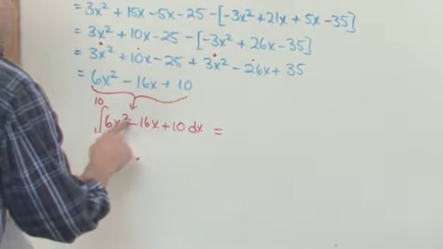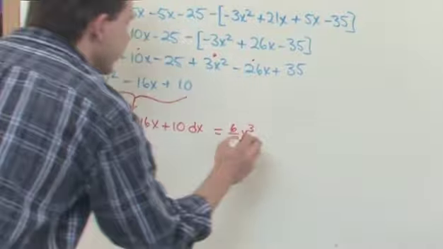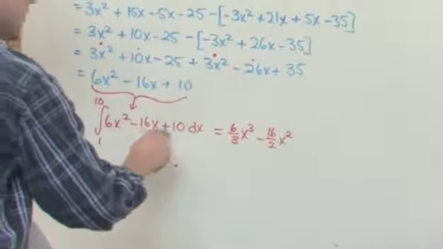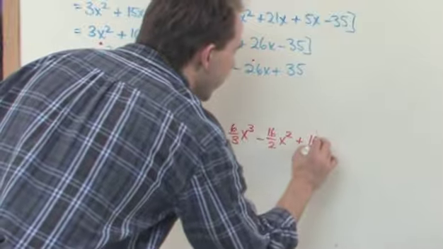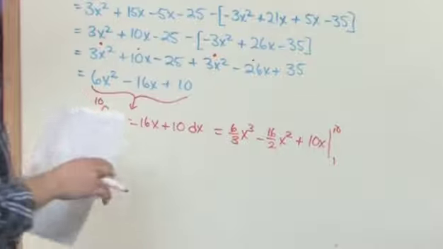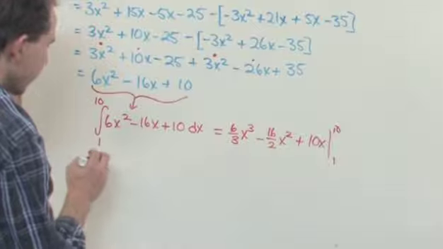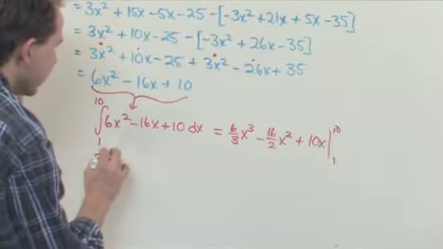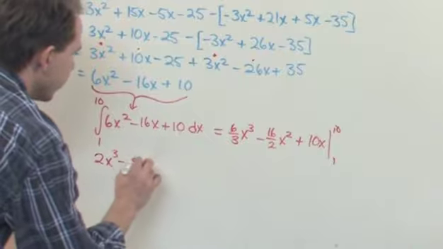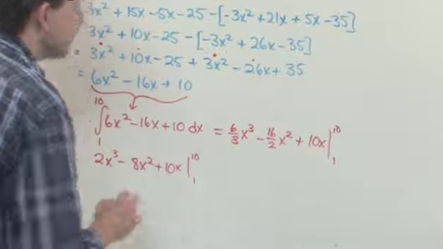So I have 6 over 3 x cubed minus 16 over 2 x squared, exponent plus 1, plus 10x evaluated from 1 to 10. So just before I actually do the math, 6 divided by 3 is going to be 2x cubed, minus 16 divided by 2 is going to be 8x squared, plus 10x evaluated from 1 to 10.